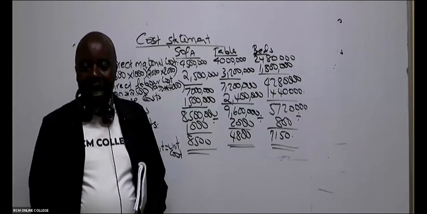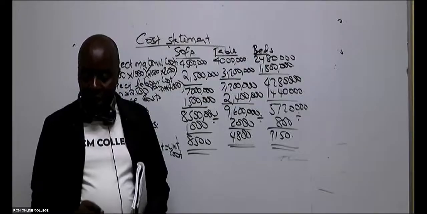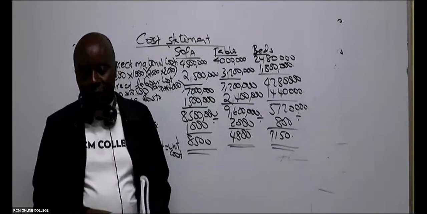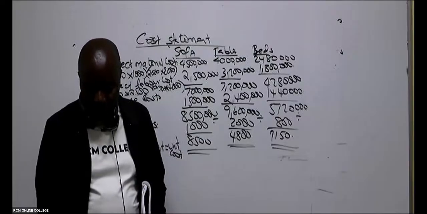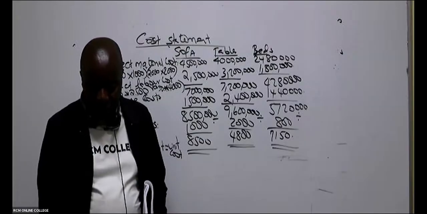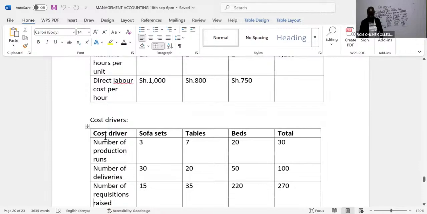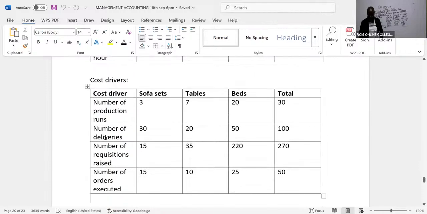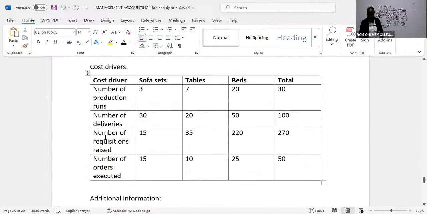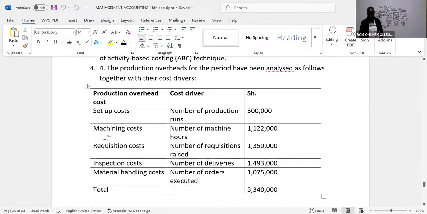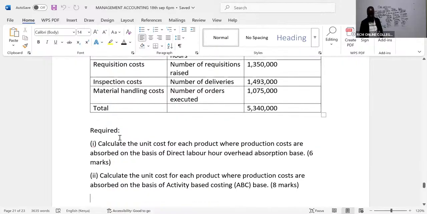We shall overcome. And then now number 2 of these, they want us to take you through what we call activity-based costing. The second part of this. You can see number 2.